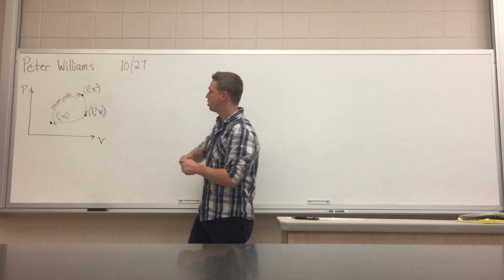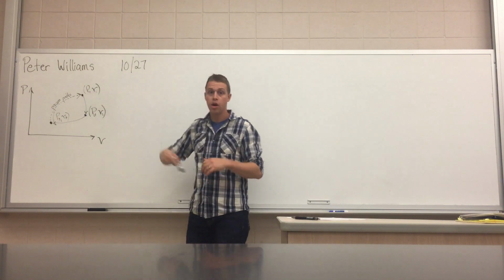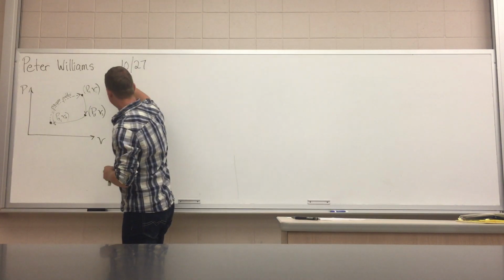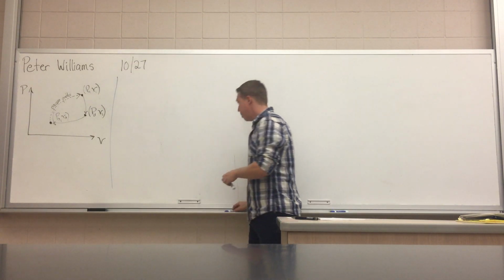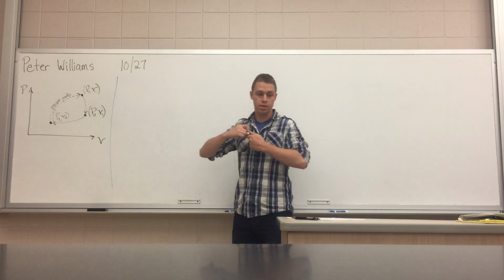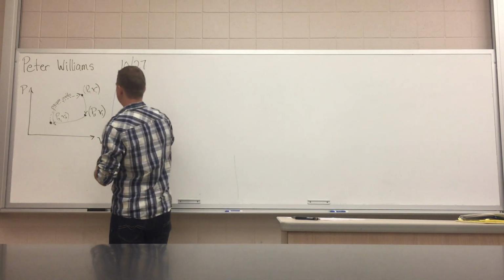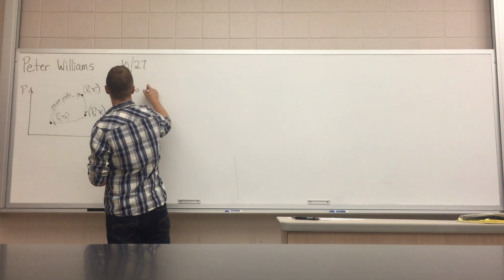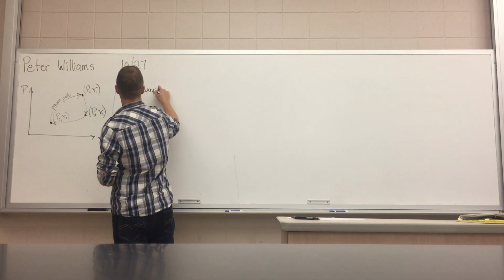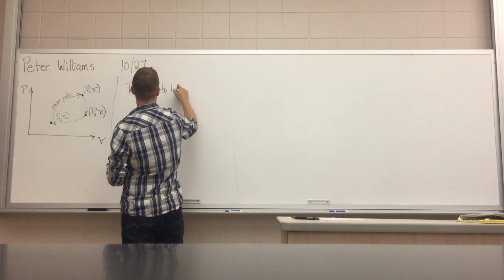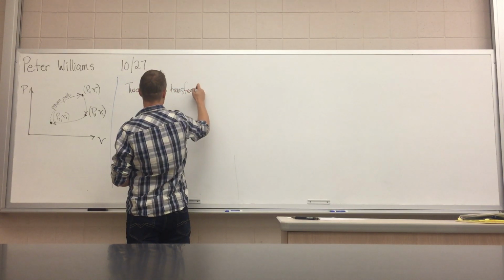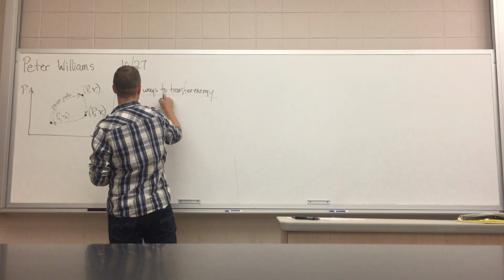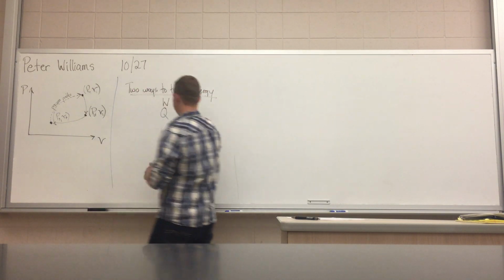Now the way that we can change between points, we talked about, and I will draw a dividing line here, because this was another topic that we've discussed, which is the first law of thermodynamics, essentially telling us that there are two ways to transfer energy. One is work, and the other is heat.